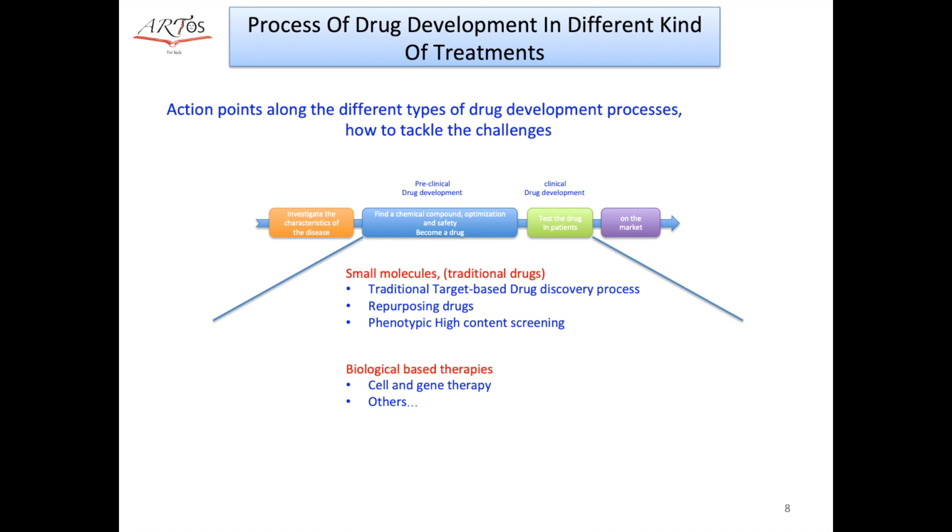We will go through the most representative to see where to fulfill the gaps and tackle the challenges: through the traditional target-based drug discovery process, the repurposing drug, the phenotypic high-content screening, and also through the cell and gene therapy, which have their own challenges.